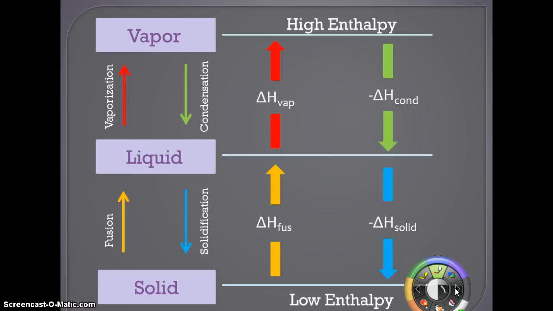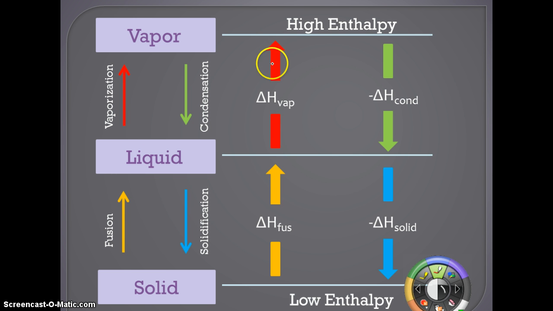So if we look at this chart here, you can see the relationship between our states of matter and the phase changes that are occurring. So here's our enthalpy down here. We're at a low heat exchange. Solid is condensed. And as you add heat, you begin to melt. So that is our fusion.